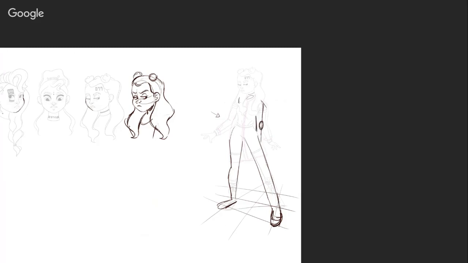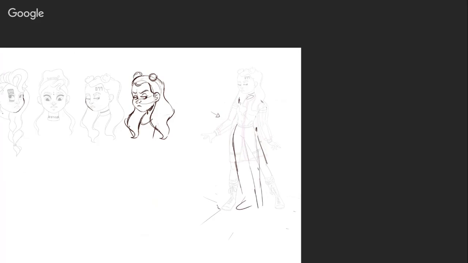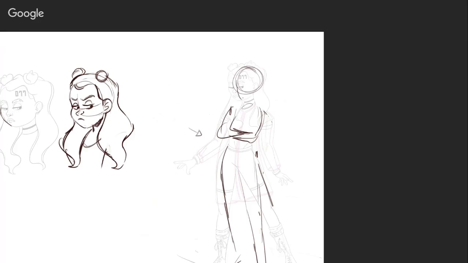Maybe she's holding her arm like this or something, or maybe her legs are more closed, and she's, yeah. Then she looks more bored or something. Maybe if she would look a bit down.